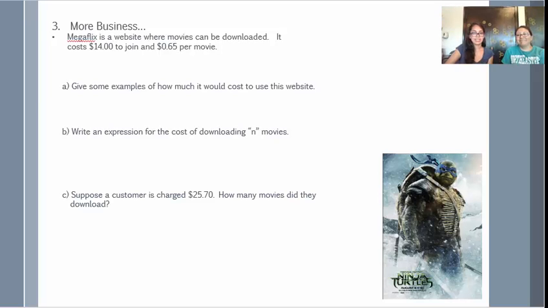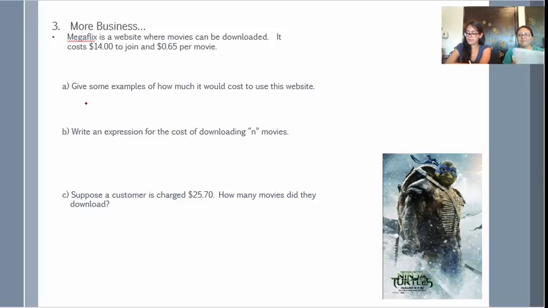So more business. Now we're talking about movies. Megaflix is a website where movies can be downloaded. It costs $14, which is a fixed rate, to join, and 65 cents per movie, which is the variable cost. Give an example of how much it would cost to use this website.